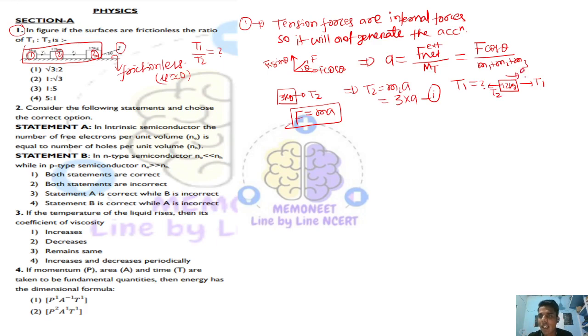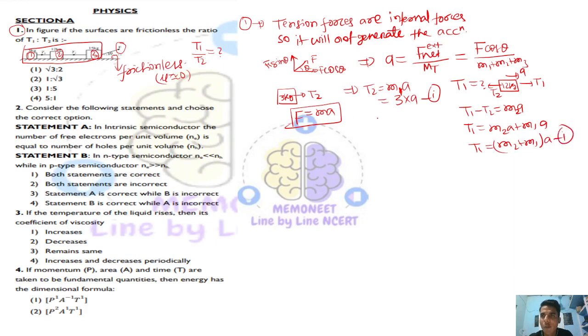It is moving with acceleration A. Writing the equation, T1 minus T2 equals m1 a, where m1 is the mass of this block and m2 is the mass of the last block. From here we can easily get T1. T1 equals m2 a plus m1 a. We put the value of T2, so T1 equals m2 plus m1 into a.